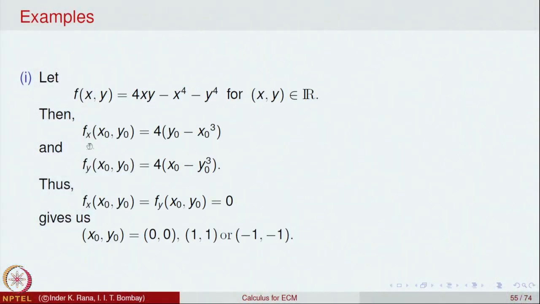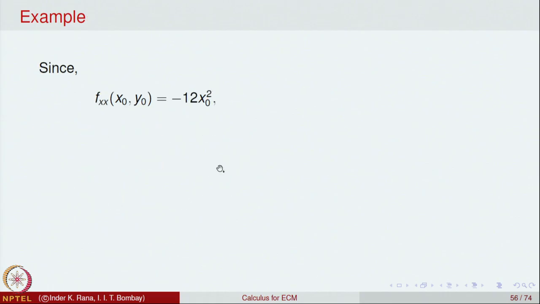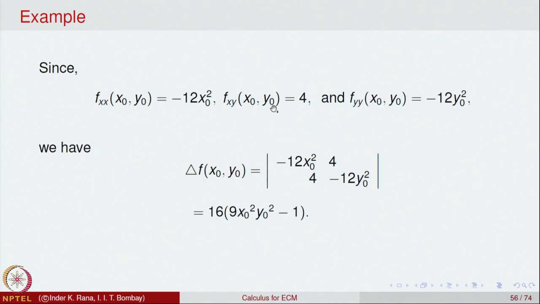So, let us look at the second order derivatives. The second order partial derivative with respect to x, x: we differentiate with respect to x, which gives 0 for the first term and 3 for the other, so minus 3 into 4, that is −12x². Similarly, we can calculate f_yy at (x0, y0), and the mixed partial derivative f_xy is equal to 4.